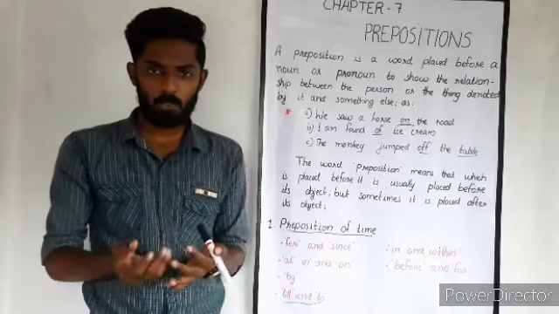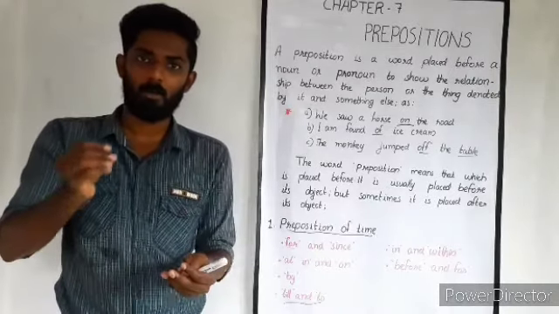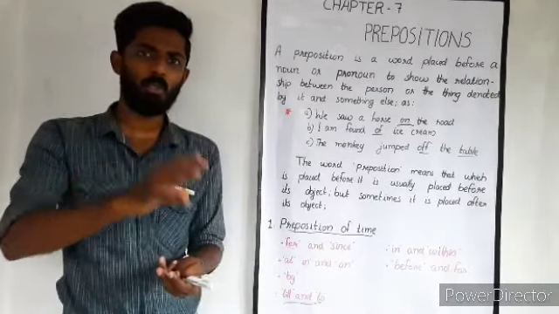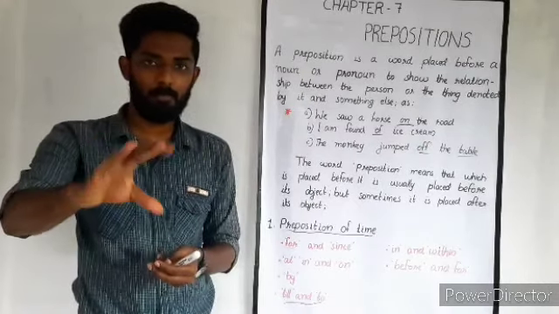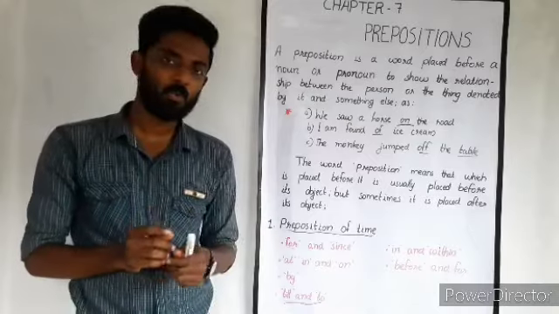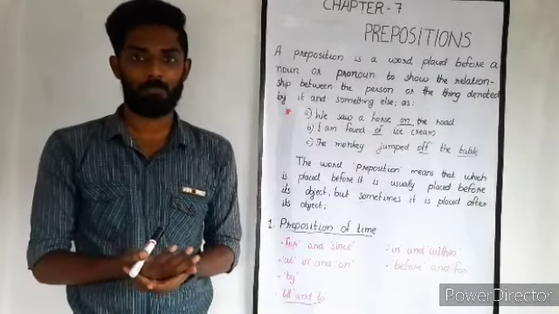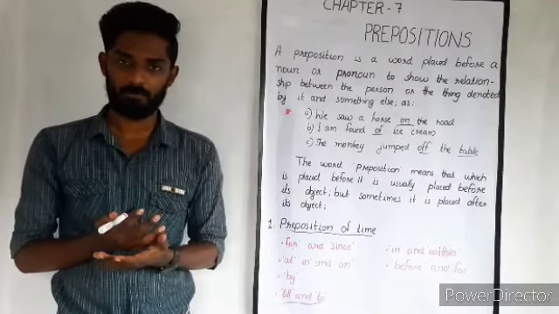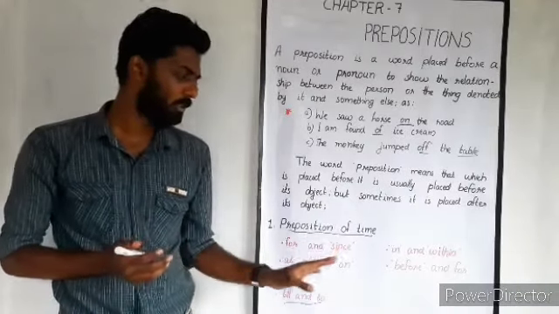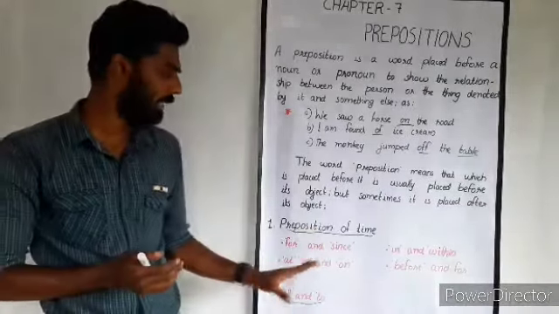So here we speak about a place. So we can say that to is used as a preposition of place, and till is used as a preposition of time. In order to mention a time, we use till. So that is all about it. Nothing more to say about till and to.